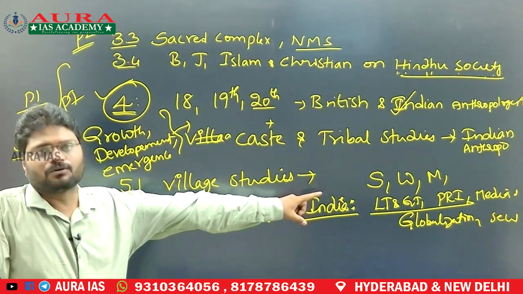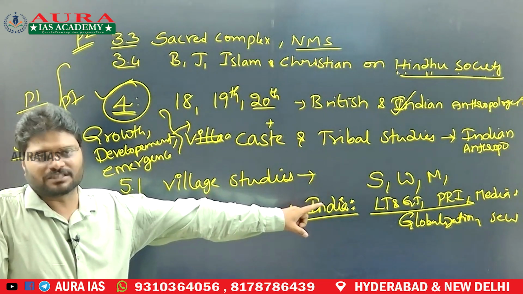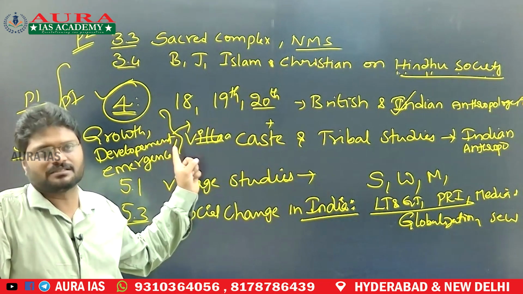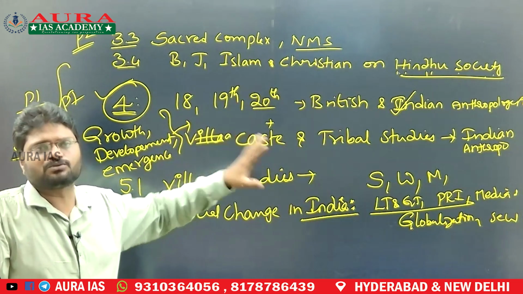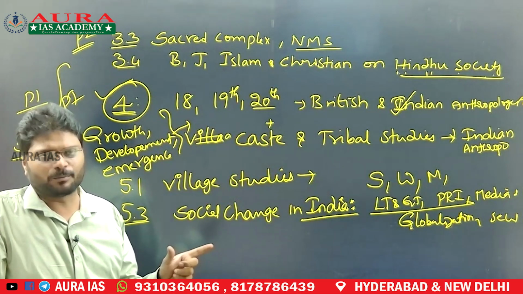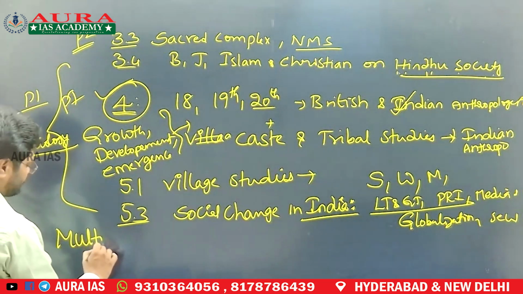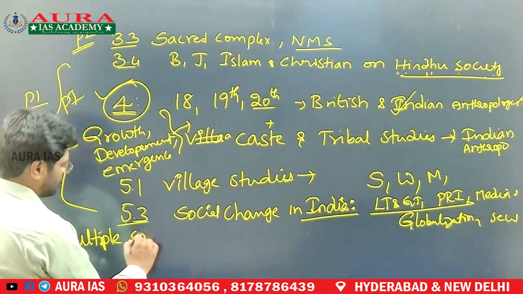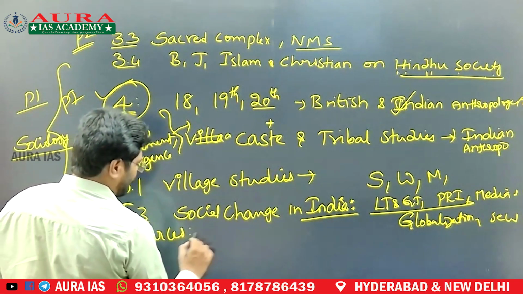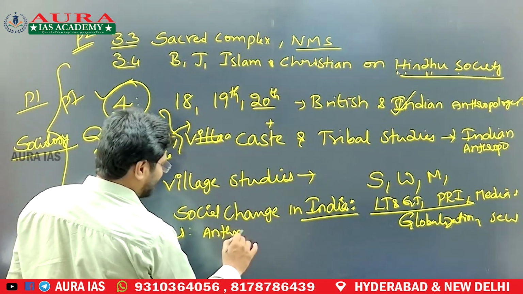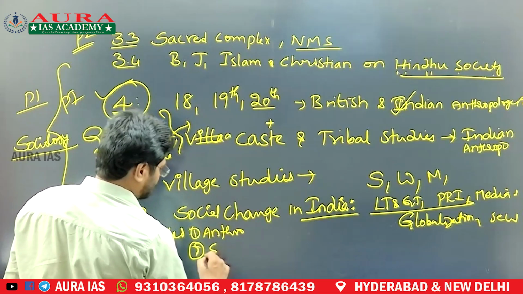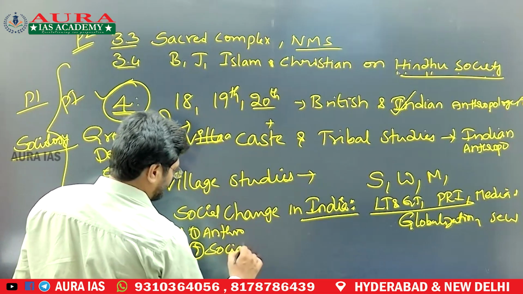Per se, globalization's impact on Indian society is directly present in sociology. So he is simply borrowing sociology concepts into anthropology. So for priority 1, you should cover multiple sources: multiple anthropology books and selective reading of sociology topics for the same syllabus.